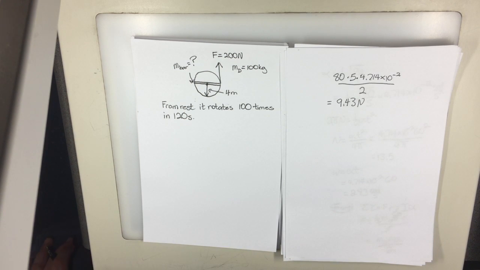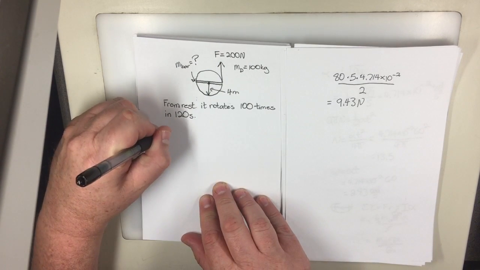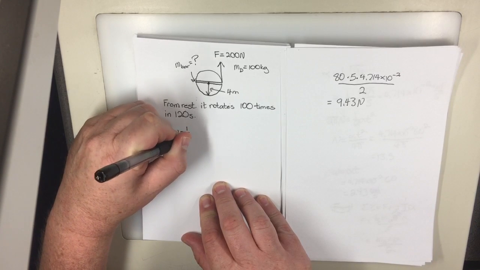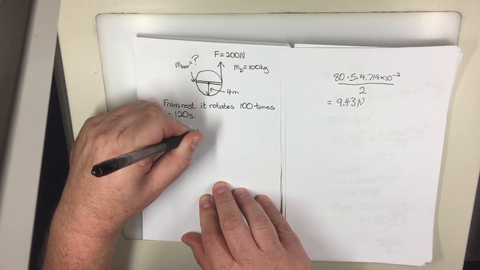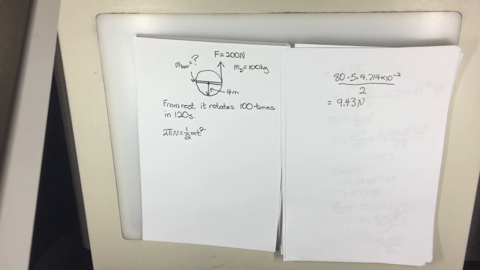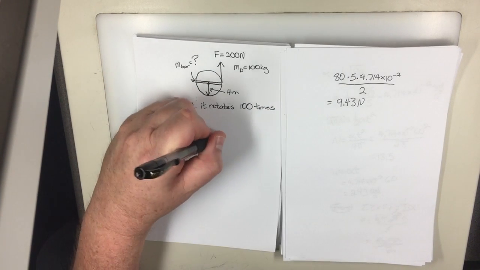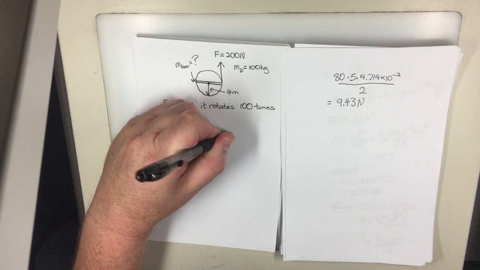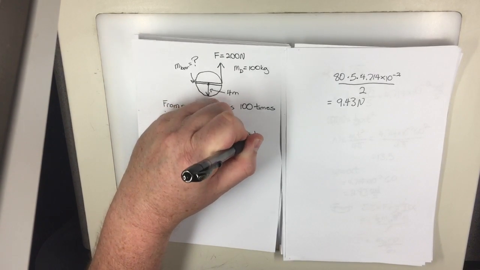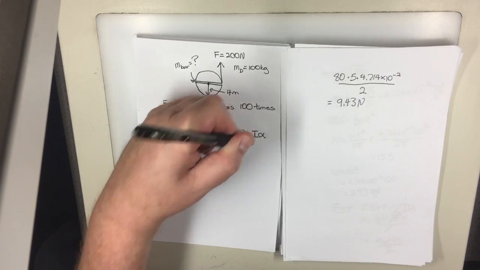So what do I need to do? Well, we've got a rotational motion situation. So I got 2 pi n is equal to 1/2 alpha t squared, because theta is equal to 1/2 alpha t squared. I know that the sum of the torques, which is equal to F times R, is equal to I times alpha.